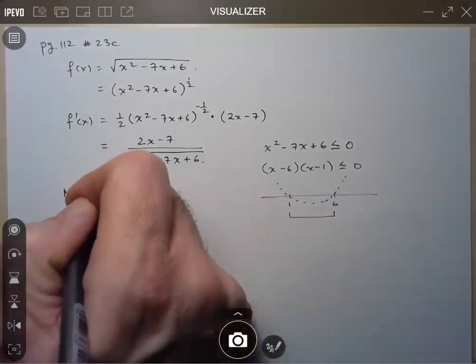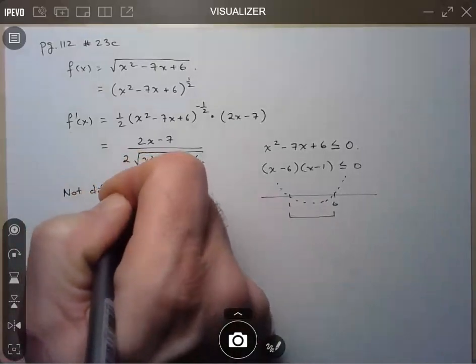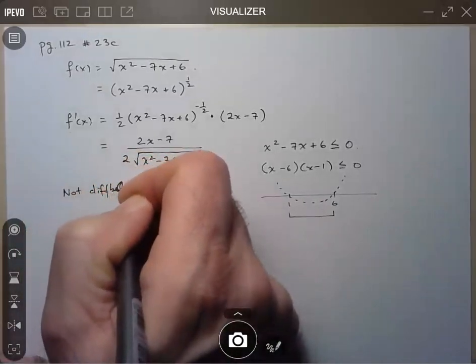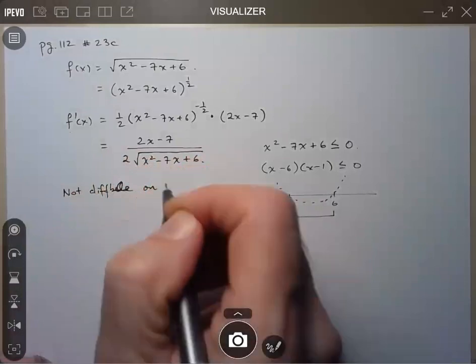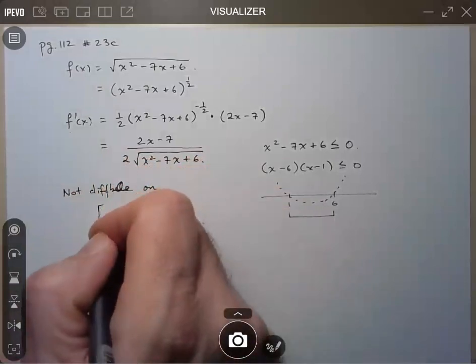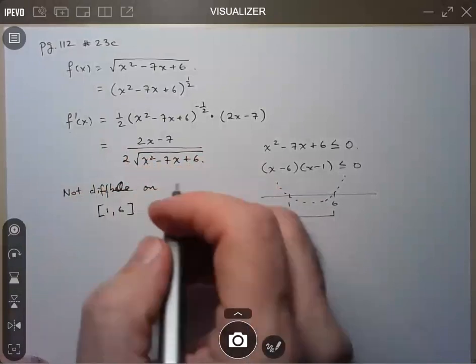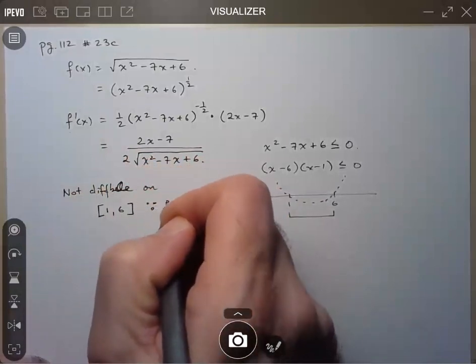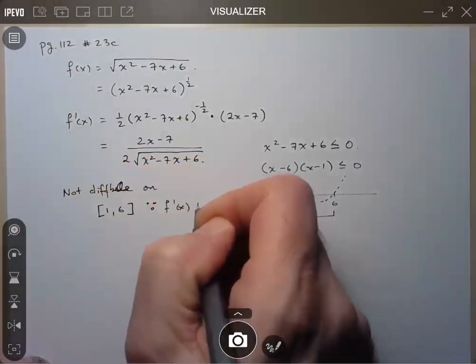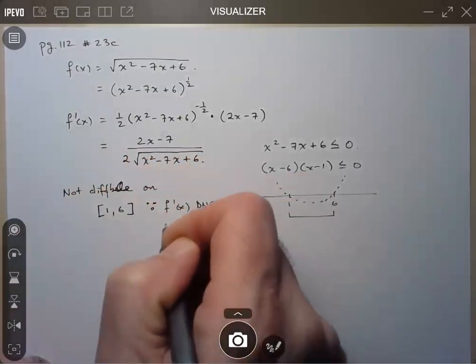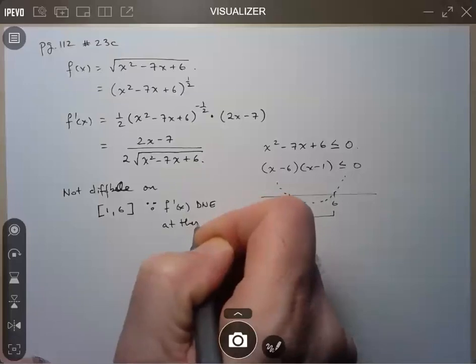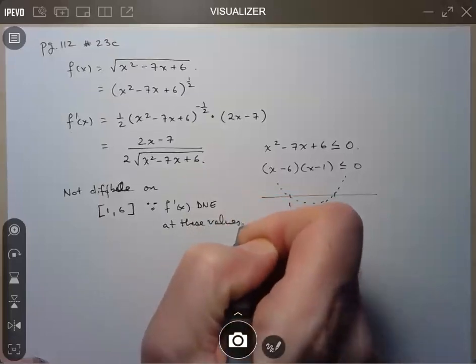So here, not differentiable on, and what's our interval? From 1 to 6, inclusive. And why? Since f prime of x does not exist at these values, if we wanted to justify.